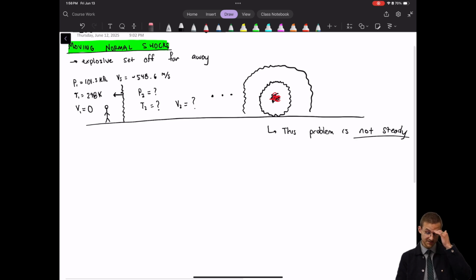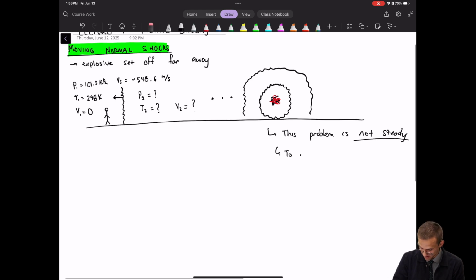Okay, so from our vantage point, the shock is moving. So it's covering ground. So all of our equations that we derive, like all of our conservation equations, almost everything that we've done up to this point assumes steady state operation. And so in order to make things tractable, we need to fix our reference frame to the shock.